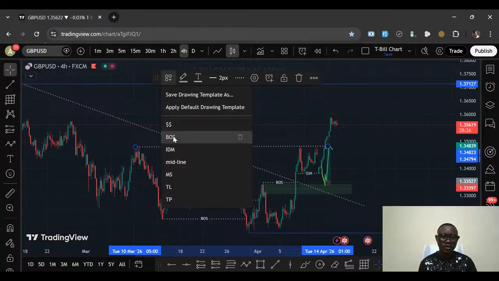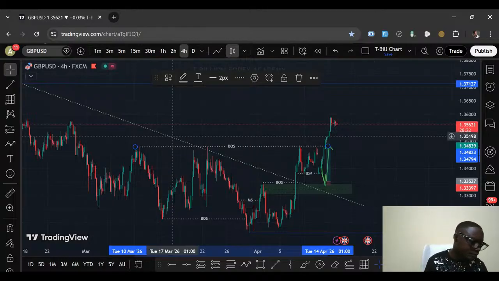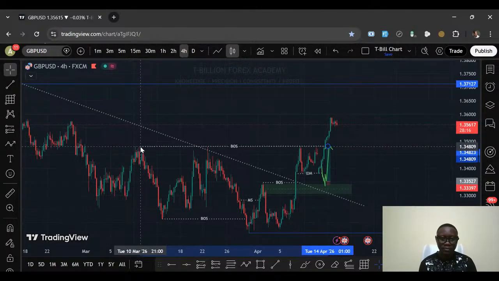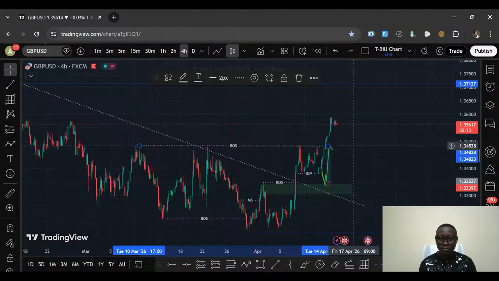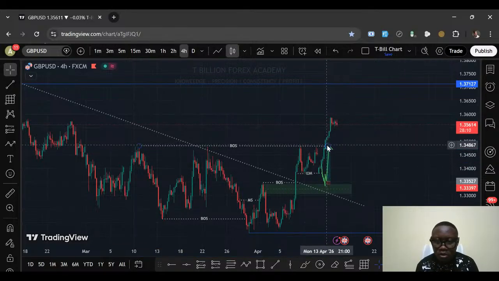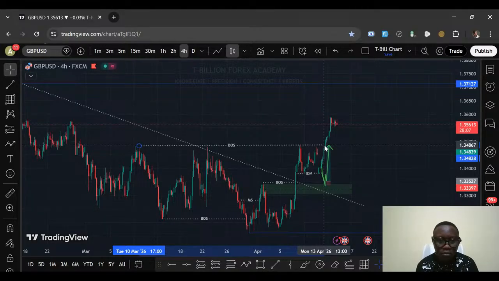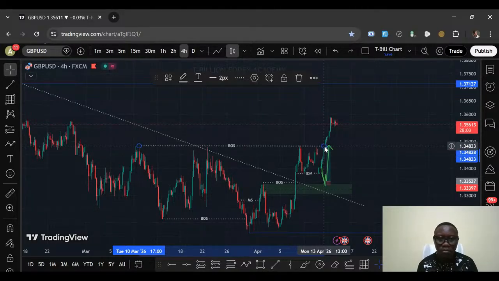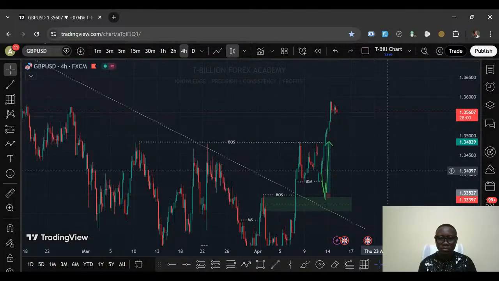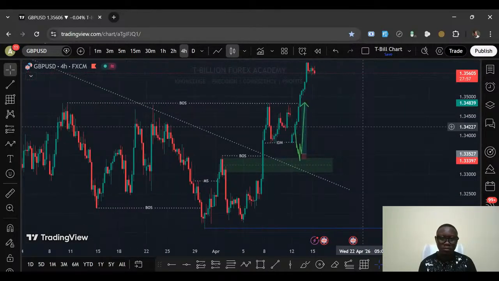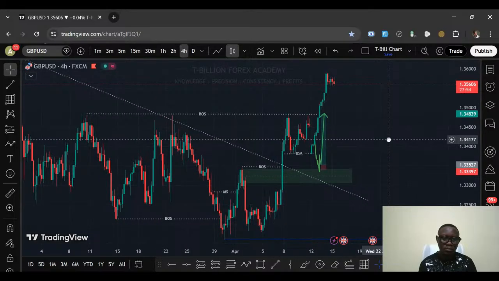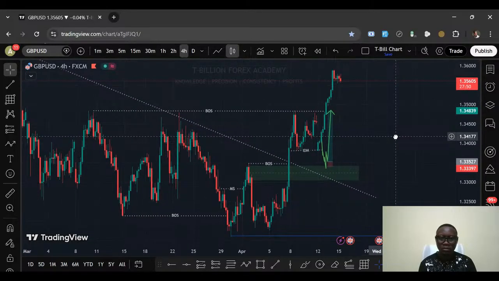We got a break of structure right here, and so we got a break of structure, and this is okay, because there's our inducement.